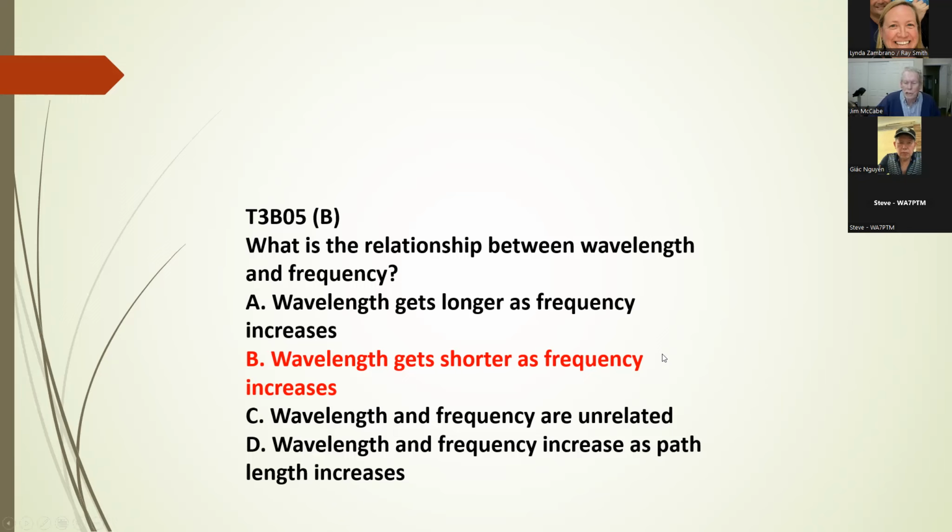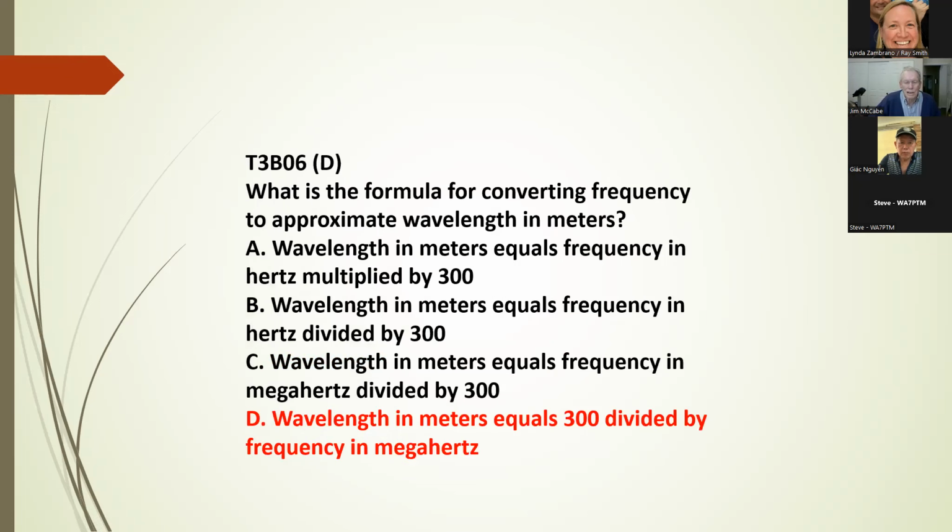And you can just do a simple back of the envelope calculation if you can't quite remember. If you remember the 300 formula, 300 over the wavelength gives the frequency, 300 over the frequency gives you the wavelength, which is the next question. What is the formula for converting frequency to approximate wavelength in meters?